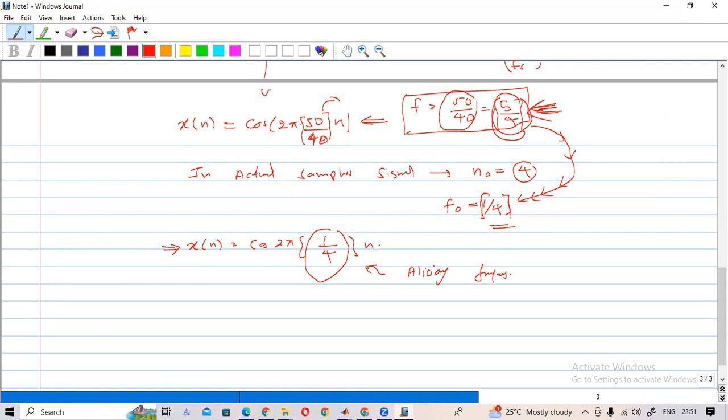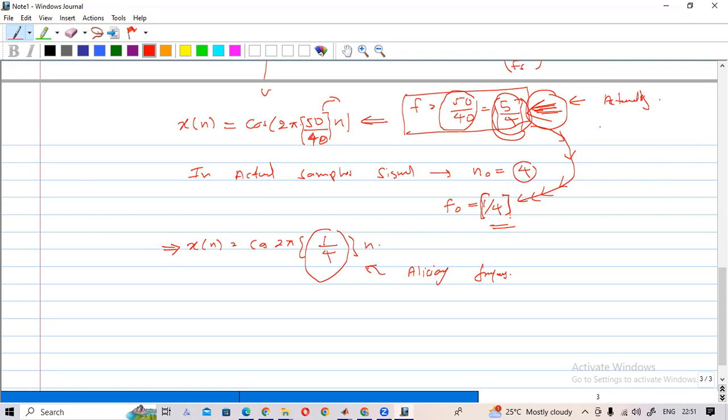It is 5 by 4, so it is greater than half. That kind of frequency cannot exist; we have another frequency. So it is not like a continuous time signal, where any frequency is realizable in practice.